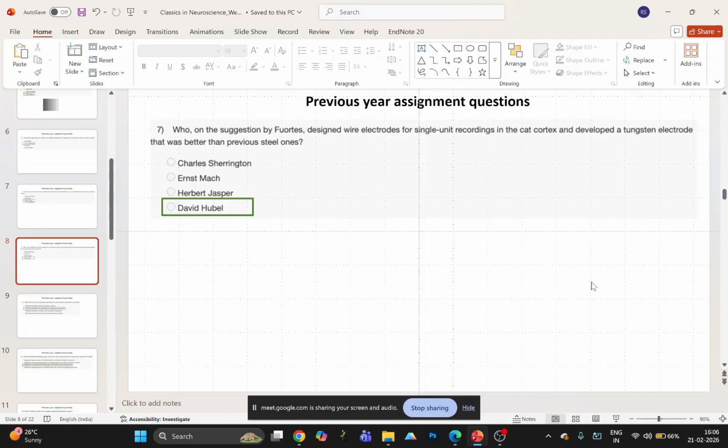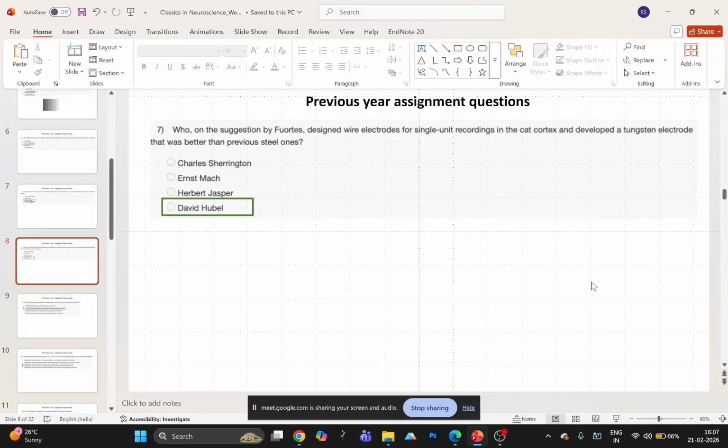Those electrodes could deposit some material in whichever region they were inserted. And when the tissue was opened up, you could see that, oh, this is the region where the electrode was recording.